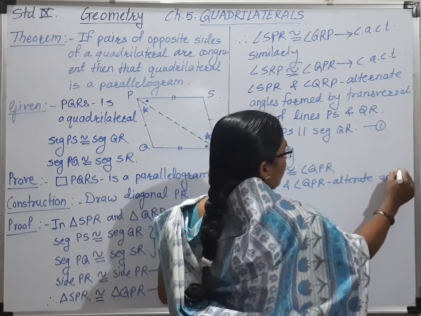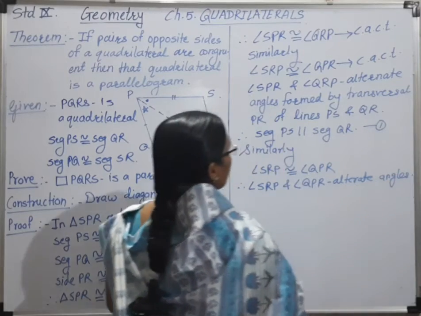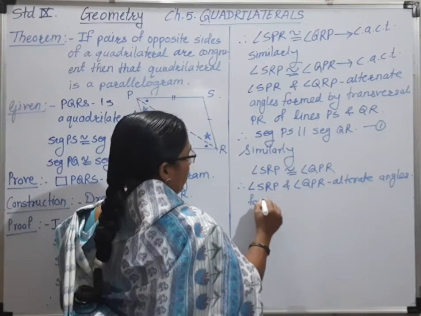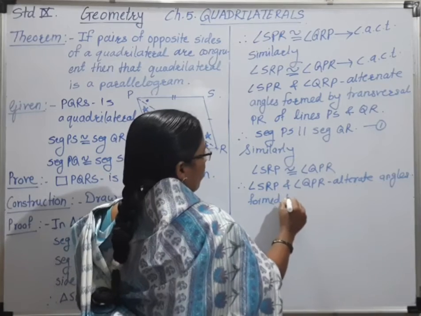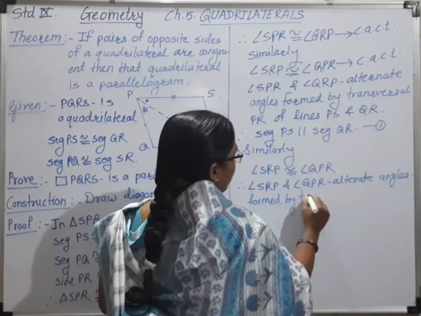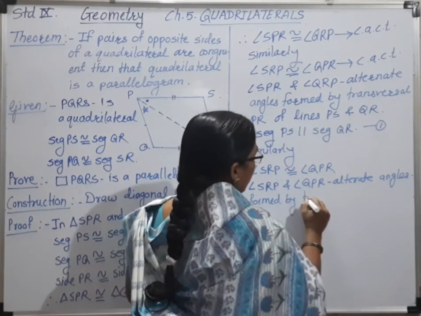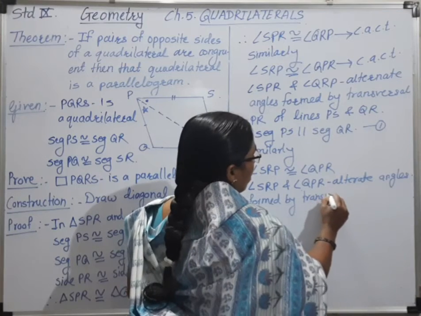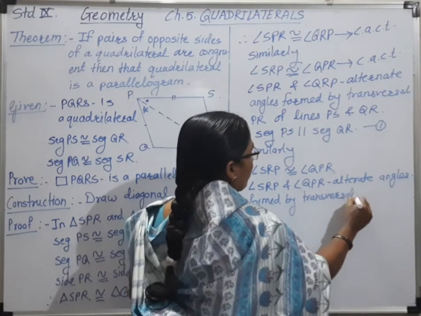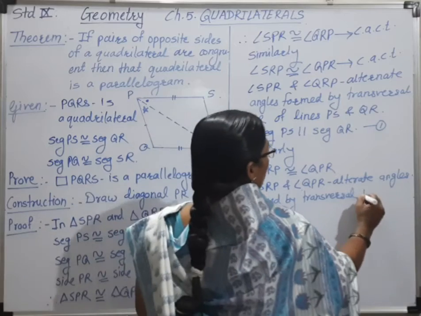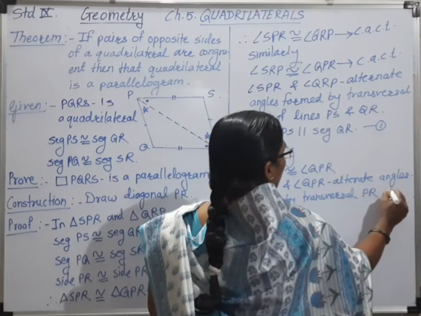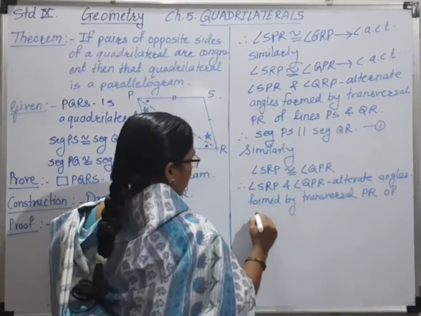Pair of alternate angles formed by transversal. Same transversal is there, but transversal PR of lines.